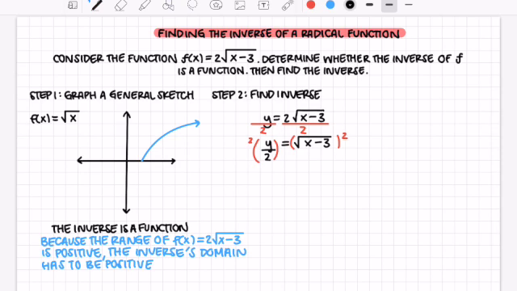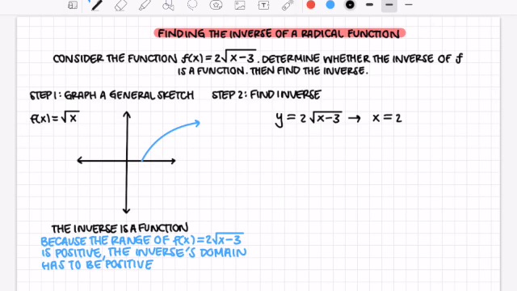Oops, sorry. I realized that I didn't switch the y and x values. So y equals 2 square root of x minus 3, and I need to swap it. So it's x equals 2 square root of y minus 3.